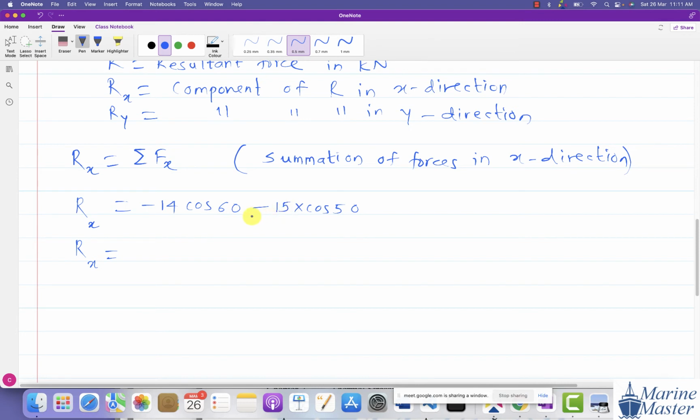Rx equals minus 14 cos 60 minus 15 cos 50. Please do the calculation of this one. How much will it become?